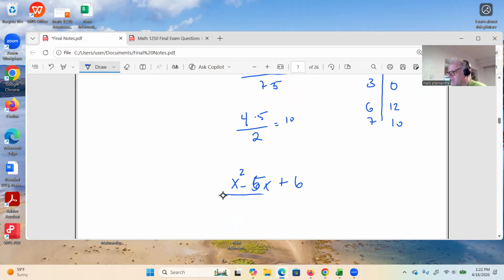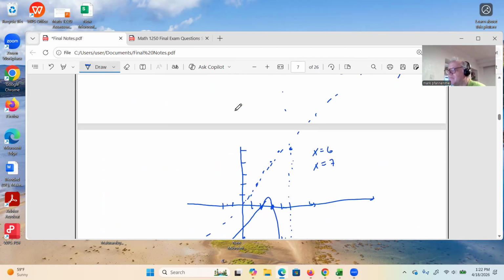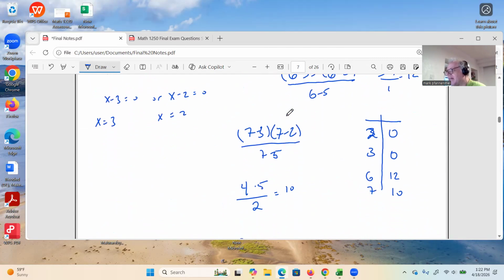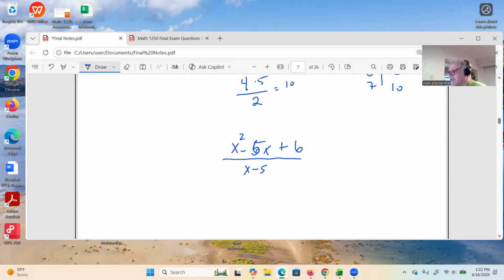And it was also x minus 5 at the bottom, right? Yep, it's x minus 5. So I plug in 7. I just want to see if I'm getting the same answer. So here we go. We have 49, right? 7 times 7 minus 7 times 5, 35 plus 6, all divided by 7 minus 5, which is going to be 2.